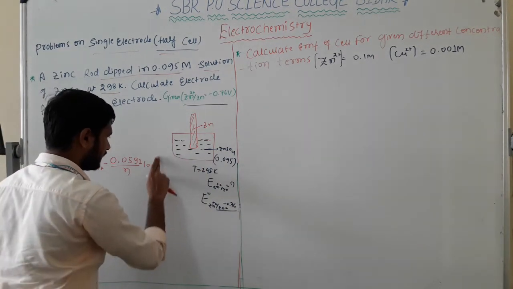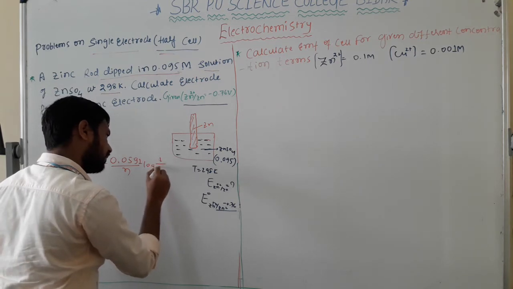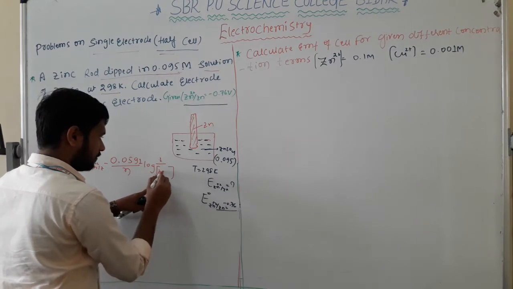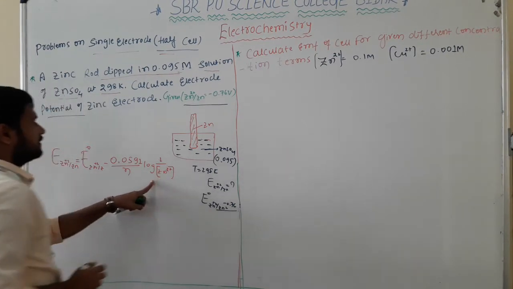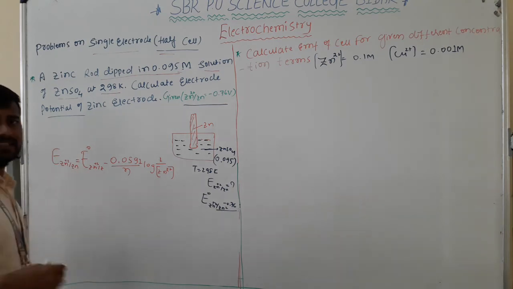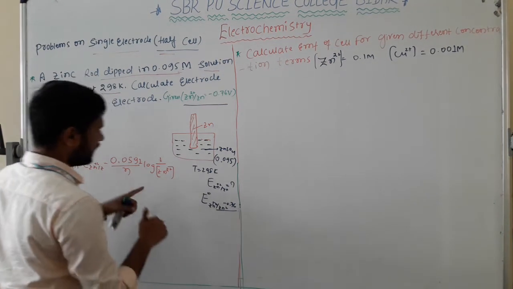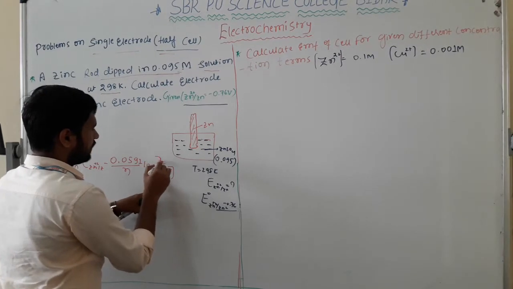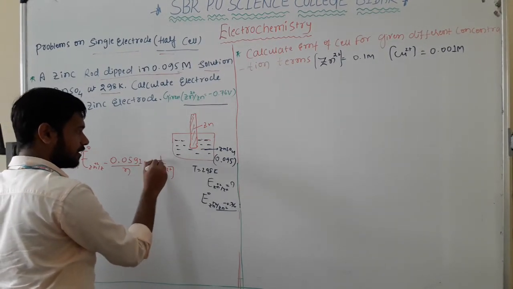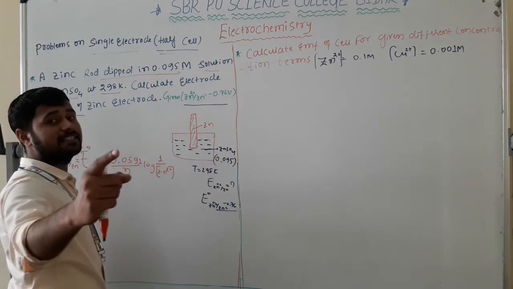If you practice the Nernst equation, you will come to know very nicely. Instead of Zn I have written 1 because Zn is a metal.